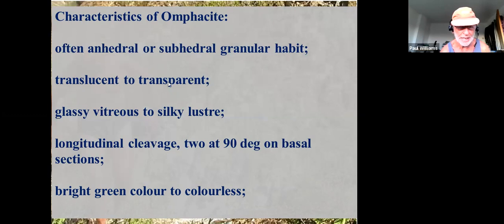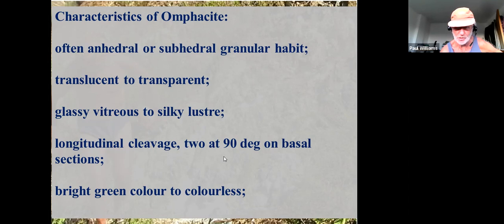Translucent sometimes, but it can be transparent, particularly if you've got thin enough pieces. A very vitreous to silky luster, so slightly down a notch from the very glassy materials that we've been looking at previously, but nonetheless still quite glossy. It's got a longitudinal cleavage.